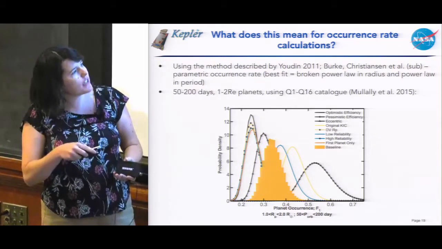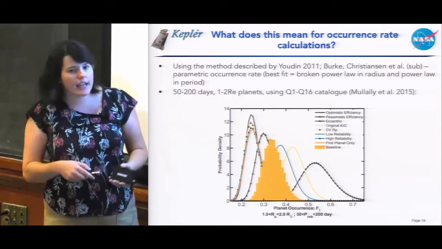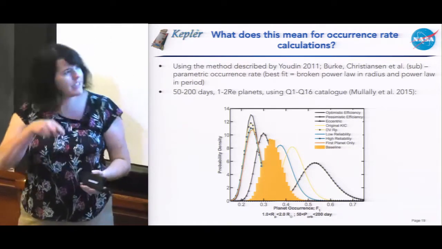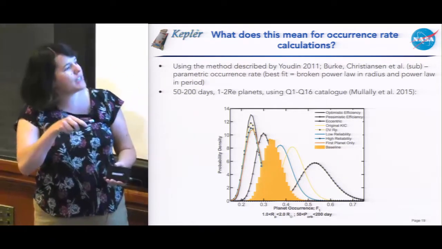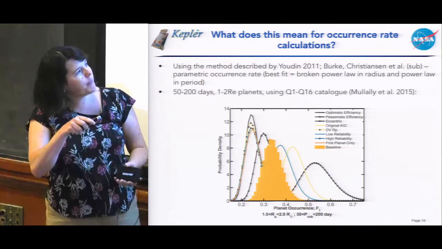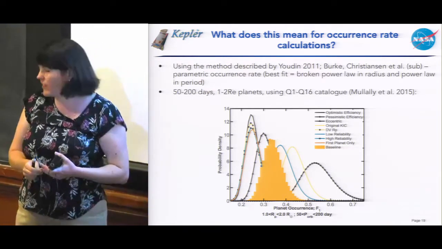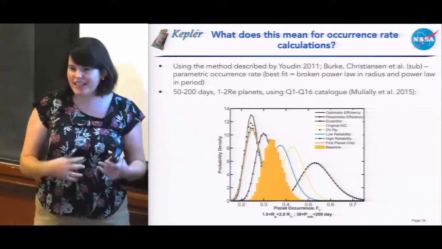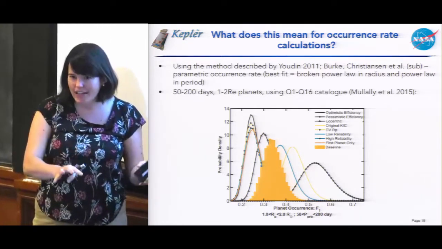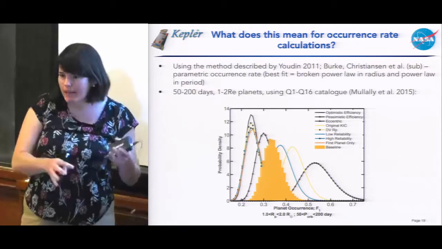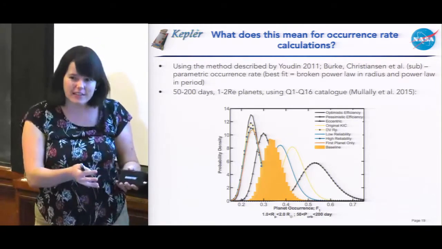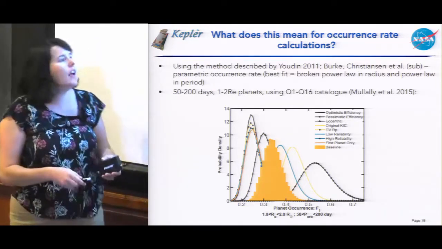So here, compared to our baseline measurement, we're going to include candidates that we might not have otherwise included. We're going to be more generous. We're going to take some of the scrappy candidates on the edge that you might not spend your 8-meter Keck time on, but still might be planets. So we include a bunch of these things.